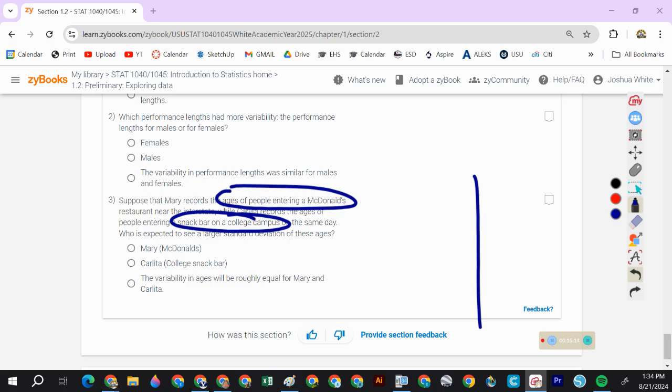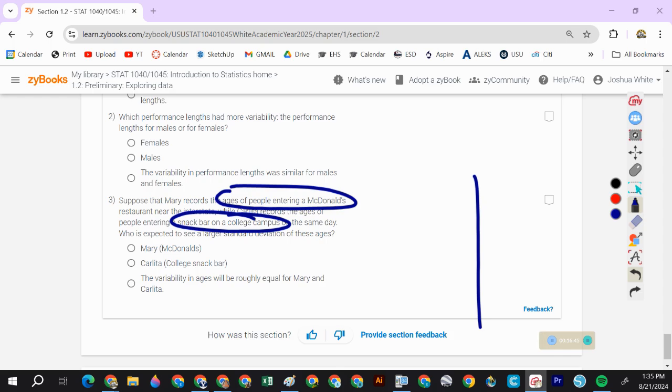Which one will have a higher average? Average age. So what age of people go to the college snack bars? 18 to 22, 23. Most people are 18 to 23. What about McDonald's? 1 to 99, right?